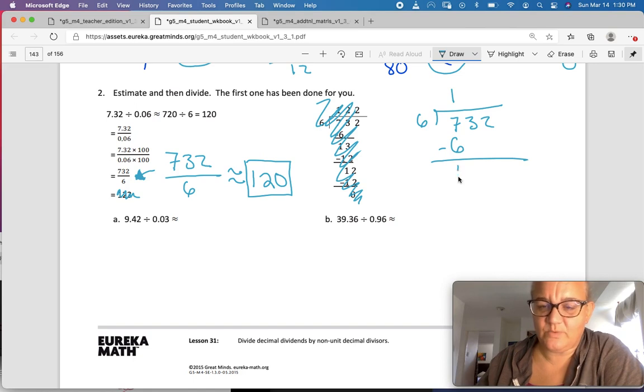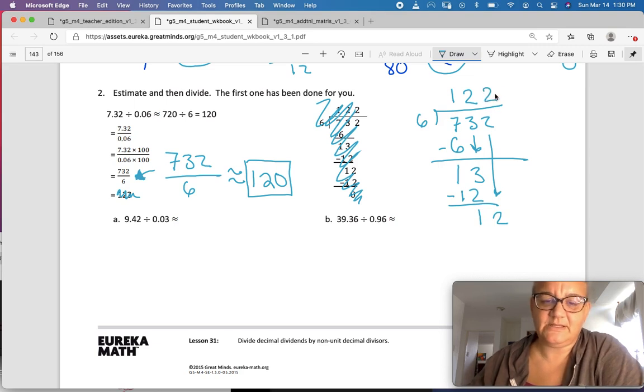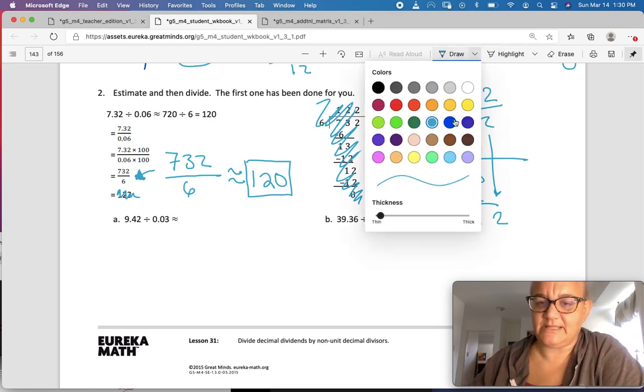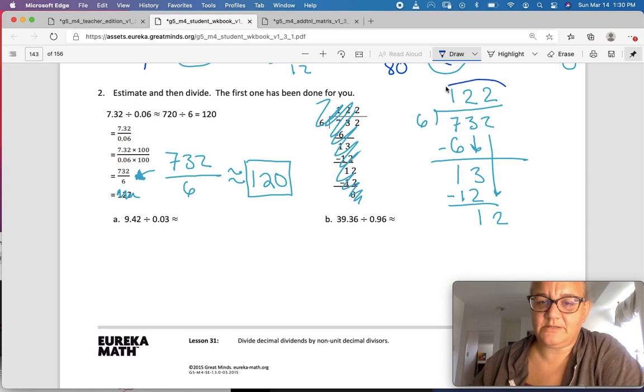I'm going to bring down 1 from the 100 spot and the 3 from the 10 spot. And 6 goes into 13 two times. 2 times 6 is 12. And then I'm going to bring down this 1 in the 10 spot and this 2 from the 1 spot. And then 6 goes into 12 two times. So my actual answer is 122, which is pretty close to 120. So we were really reasonable there with our estimation.